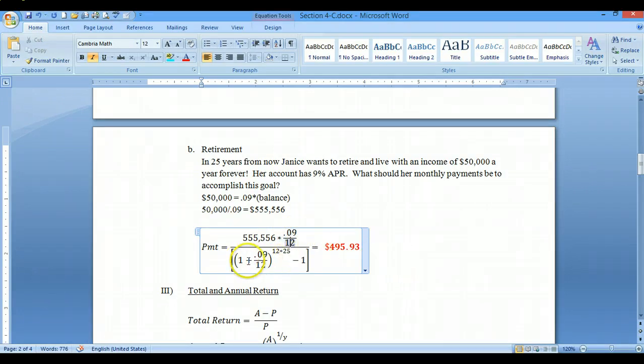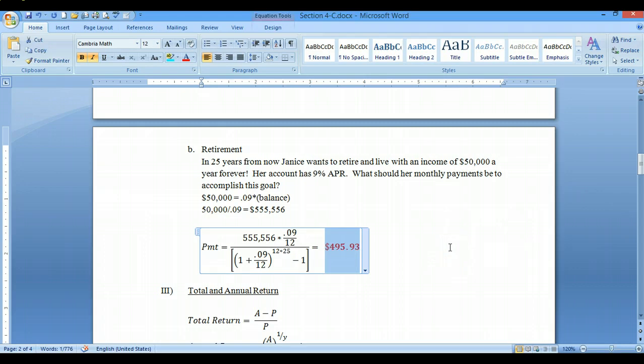Divide that by 1 plus APR is 0.09, N is 12, to the 12 times 25 because it is in 25 years from now, minus 1. You can use your calculator or Microsoft Excel. I'm assuming by now that you've seen me do Excel enough. Copy and paste, and we get $495.93.